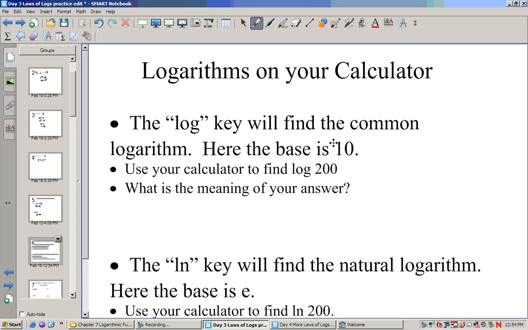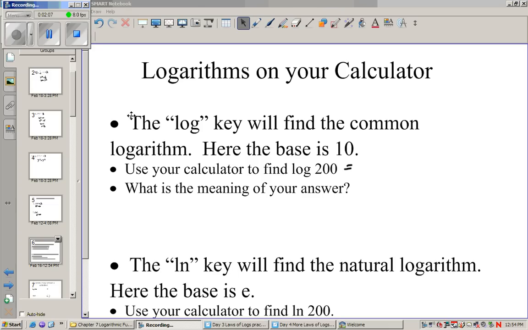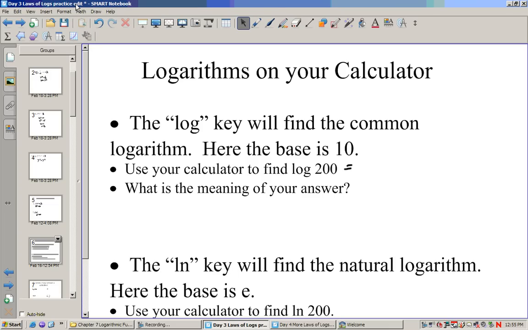Now, the log key is on your calculator. That's the common logarithm, and it's the base of 10. So use your calculator and find log of 200. All right, on my calculator, I got 2.3001029996.